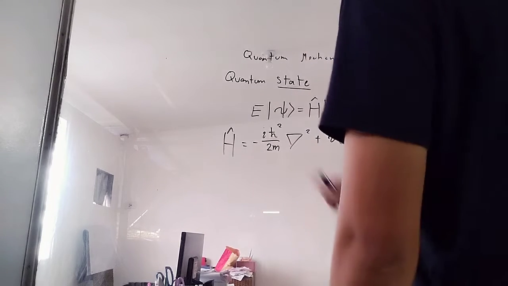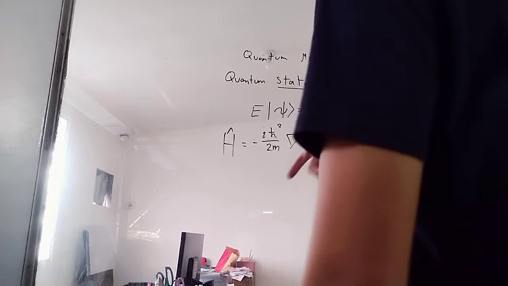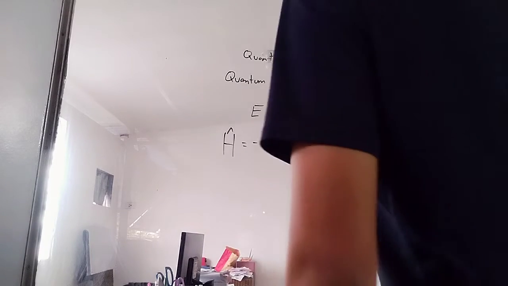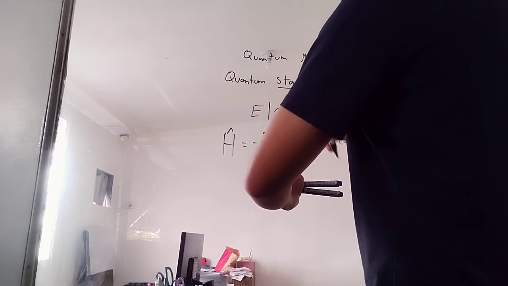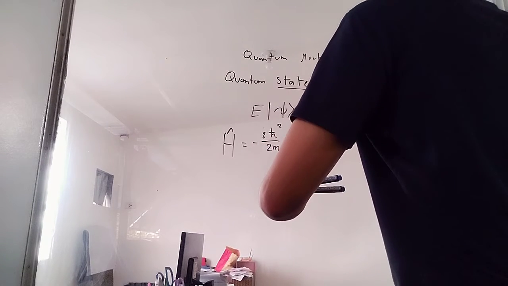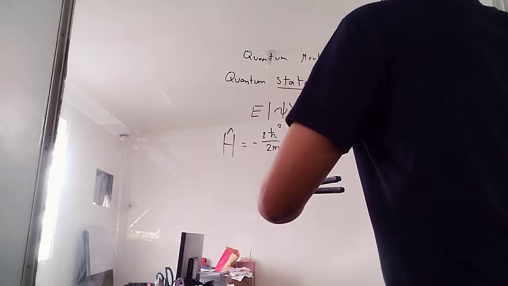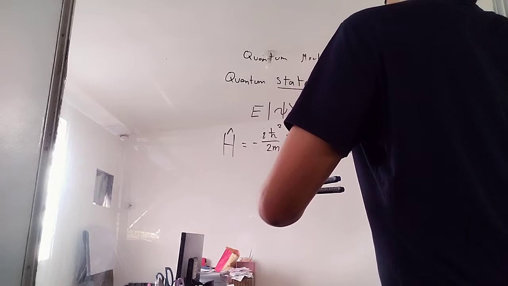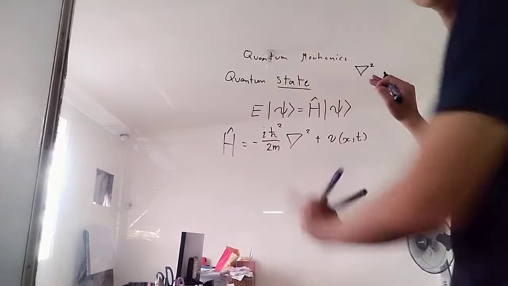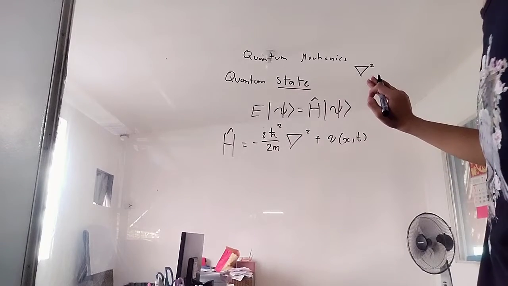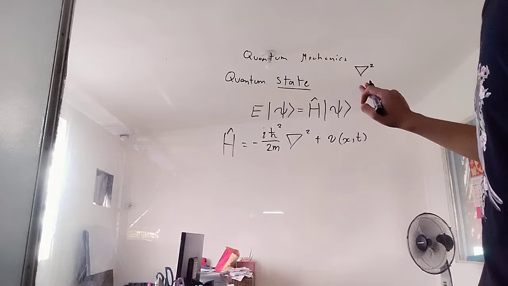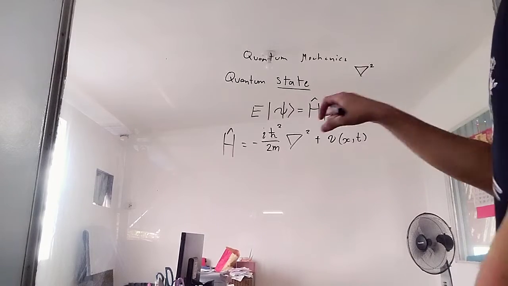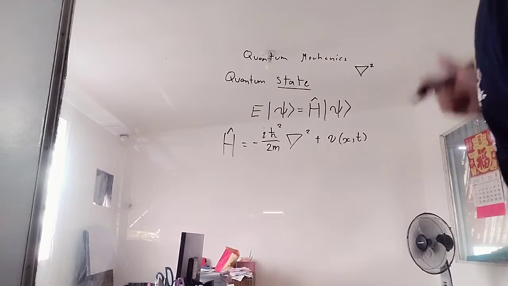This Laplacian is what I stated in the previous video. What we want to do is take the dot product between the Laplacian and our given state, where the Laplacian squared is basically just the sum of all second partial derivatives of our quantum state.